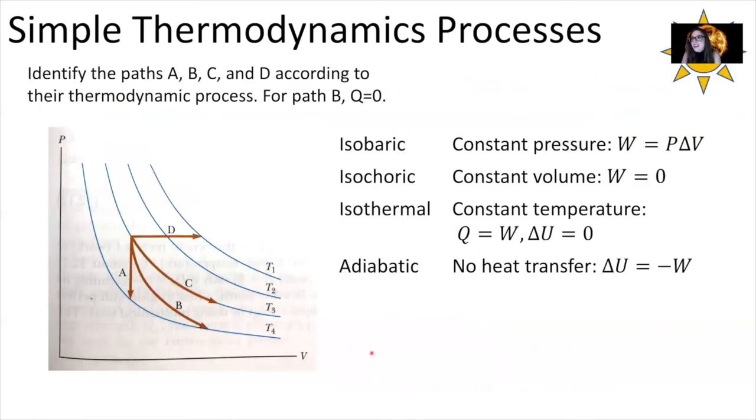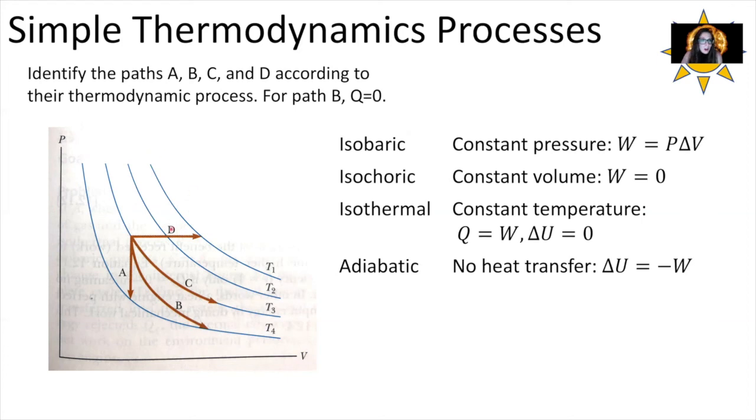All right, so now let's synthesize those ideas that we just talked about with the 4 different types of thermodynamic processes. So here I have a P versus V diagram. And along these blue lines here are what we call isotherms. Those are regions in the P versus V diagram where you can change pressure and volume, but the temperature remains constant.